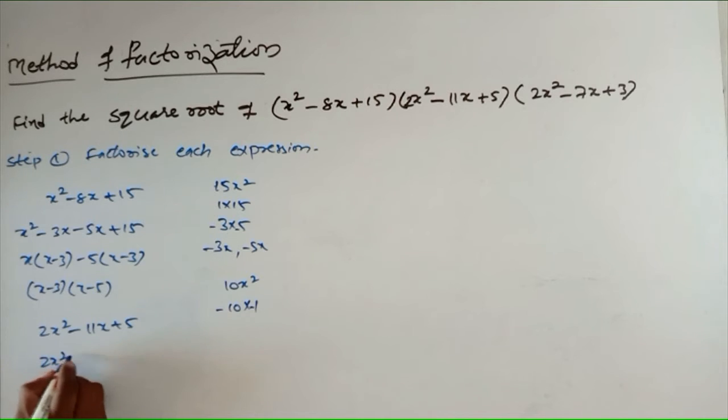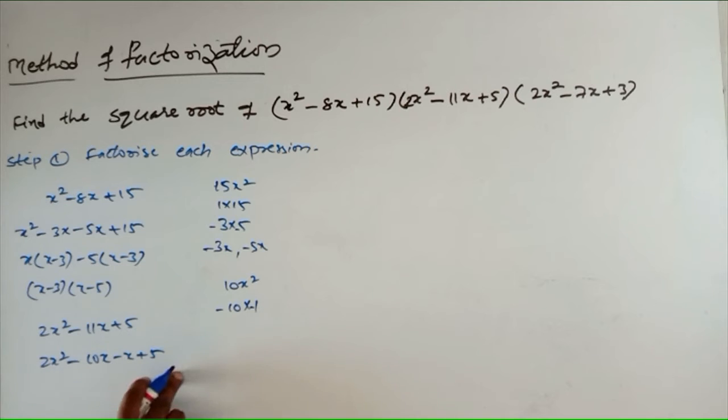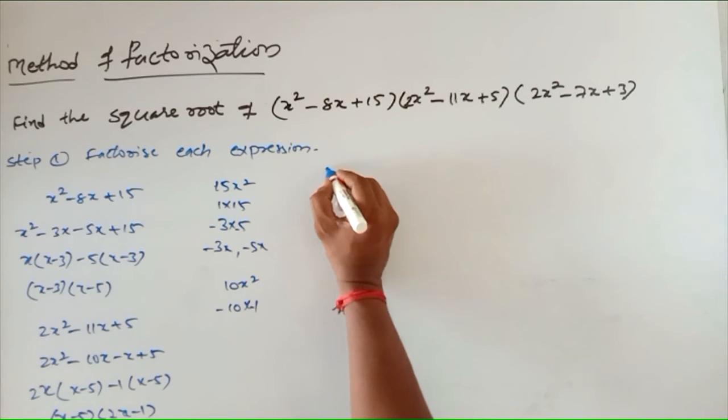Now that equals 2x square minus 10x minus x plus 5. See here, minus into minus is plus, 10 into 1 is 10, so automatically I am getting 10x square. When I am adding these two, I am getting minus 11x. Here common is 2x, x minus 5. Nothing else is common, so minus 1 I am taking common, x minus 5. The factors are x minus 5 into 2x minus 1.